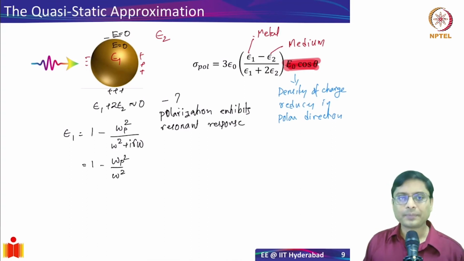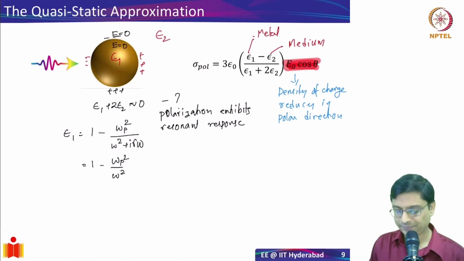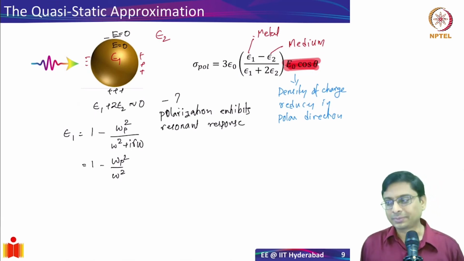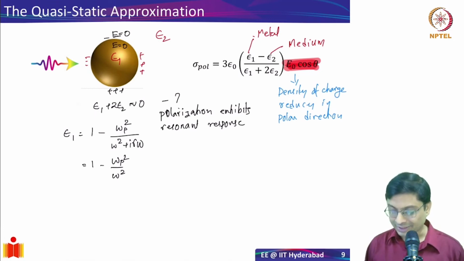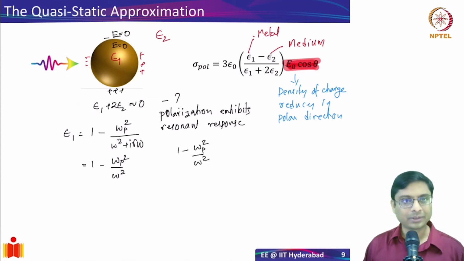Now what happens when omega is less than omega p? The expression becomes negative. Epsilon 1 becomes negative, and therefore you can have a scenario for the resonant response. What is the condition? 1 minus omega p square divided by omega square is my permittivity of the metal. I ignored the loss for now.